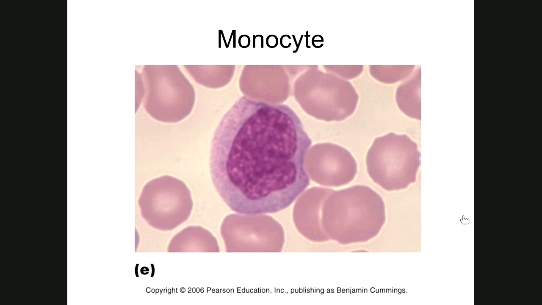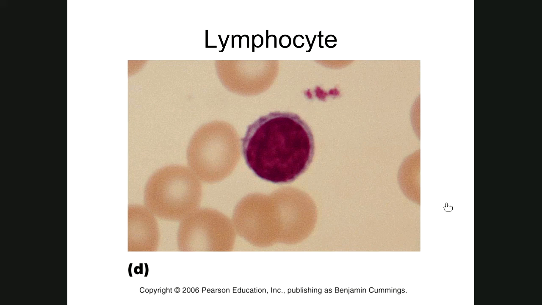The last one we have to look at is called a lymphocyte. Lymphocytes have a large round nucleus, and you can see a little bit of cytoplasm, and there are no granules. Okay, so lymphocytes, L-Y-M-P-H-O-C-Y-T-E-S, about 25% of a count of 100 are going to be lymphocytes.